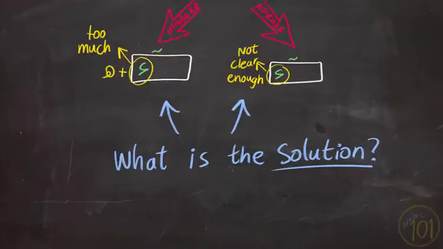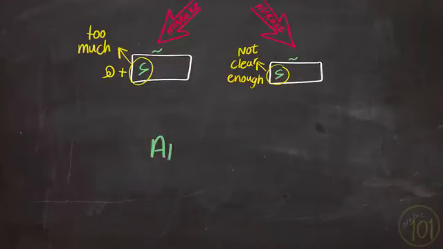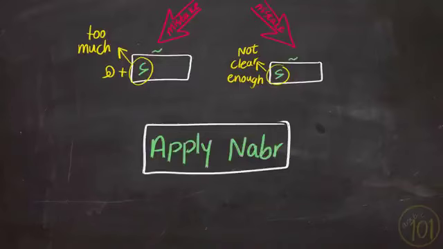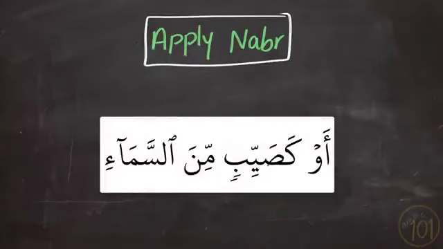Well, the best way to pronounce hamza properly when it comes at the end of the word after a long vowel that has mad on it is by applying nabr. Nabr means placing the stress of the word at the part that contains the hamza, which is then the last syllable or the last part of the word.